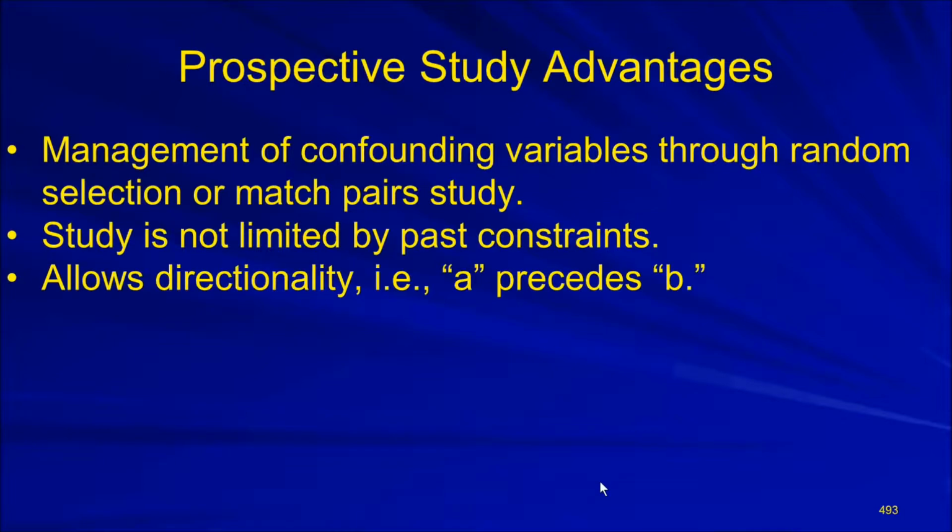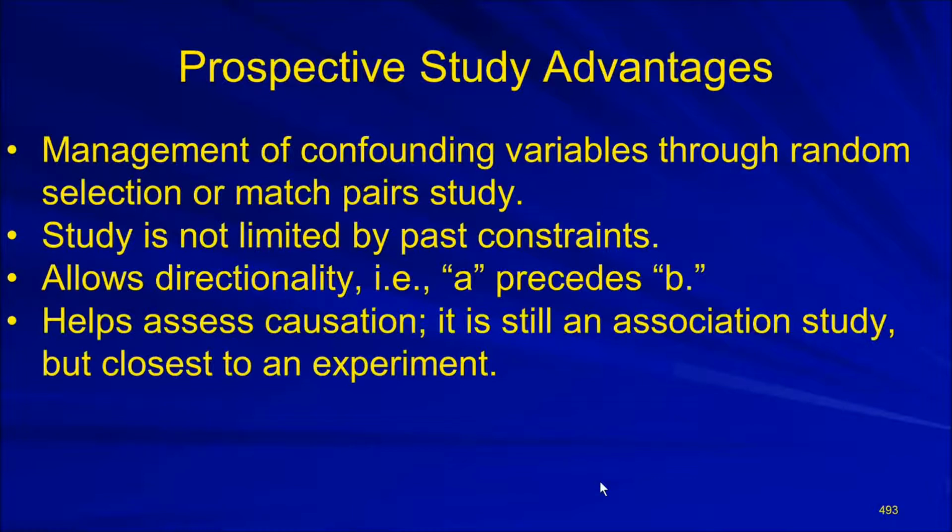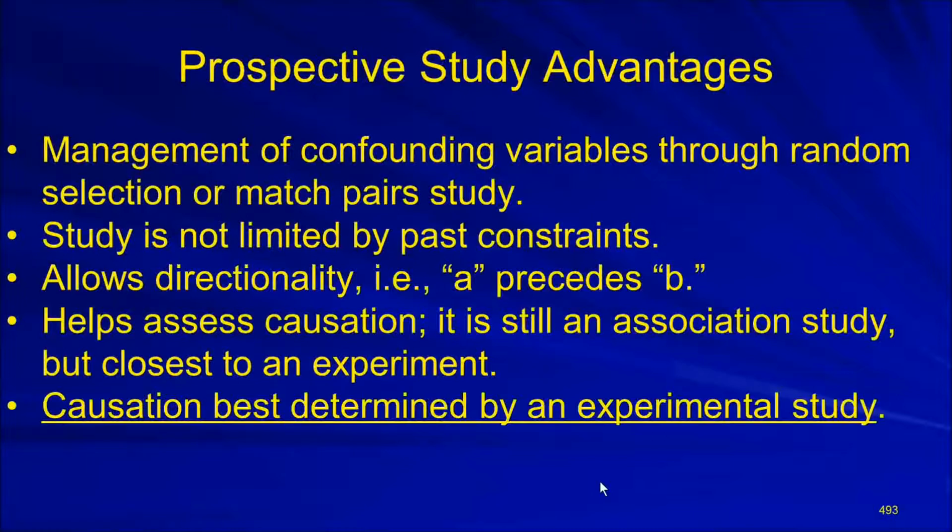This is why we do science. And as I mentioned, it helps assess causation, but it's still not a causation study, and that is only done through an experiment. And I mentioned that here, and I show it.